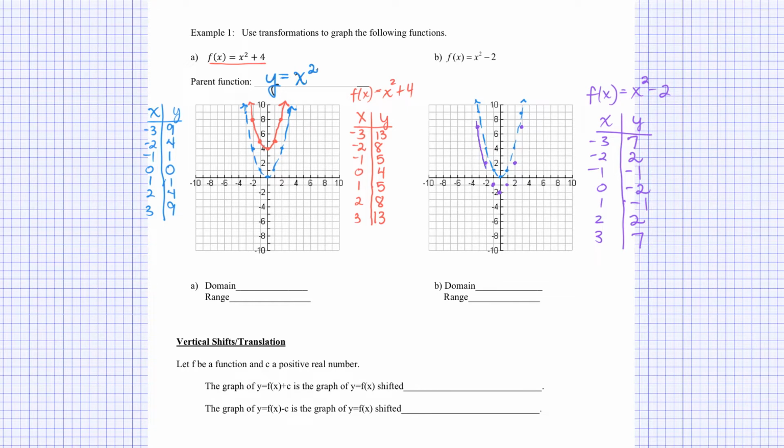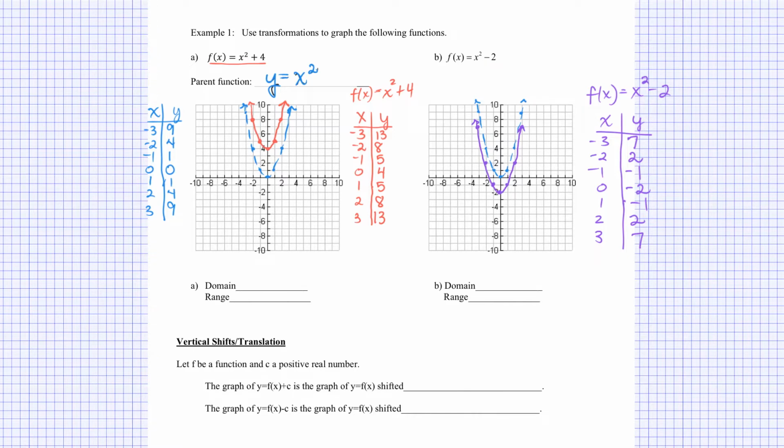And when I connect these in a nice parabola, I see that the effect on my parent function of subtracting 2 was to shift the entire graph down 2 units. So I can see each point is shifted down 2, right? Down 2, down 2, down 2, down 2, down 2. If I add a constant to my parent function, it's going to shift it up that number of units.